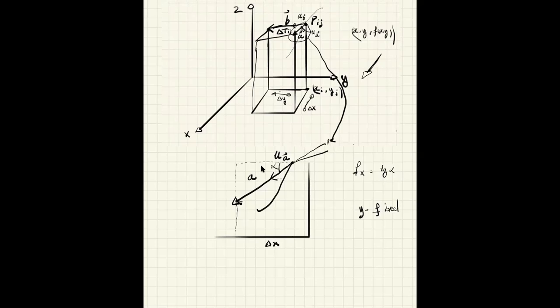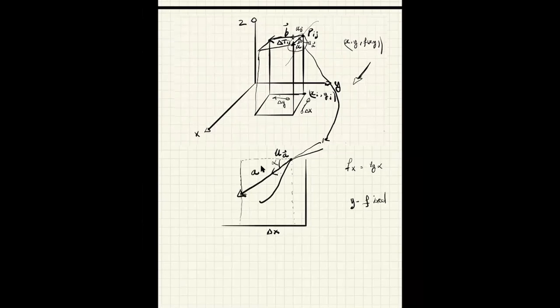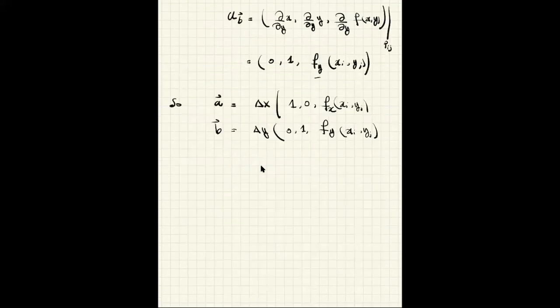So the tangent, which is this divided by delta x, multiplied by delta x, will give you this length here, and then on the x-axis it's just delta x. So this is delta x, and this will be delta x times fx, right? Okay, and that's exactly what I have here.